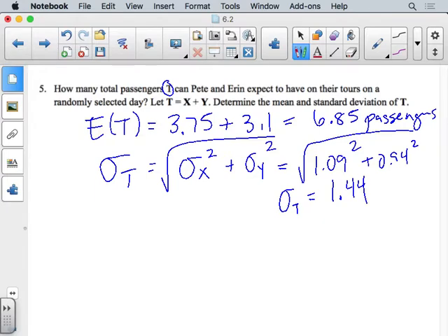So that's that one. On the mean, you just simply add the means together. That's our average, but then here's our new standard deviation. We're going to vary somewhere around 1.5 passengers.